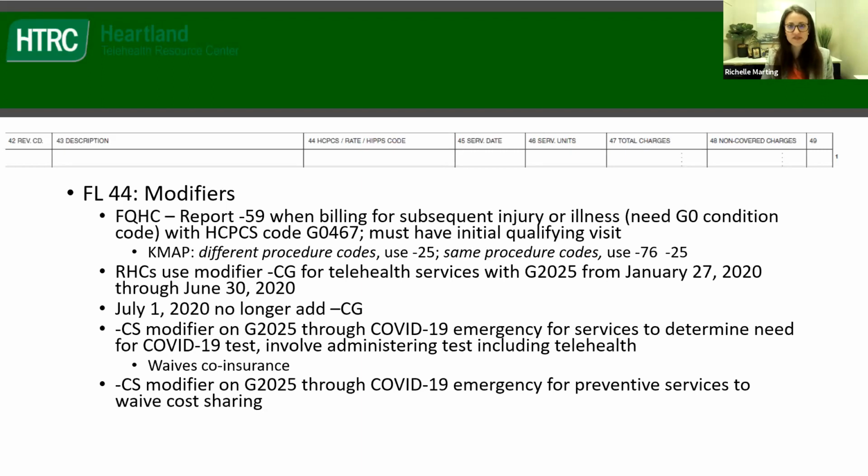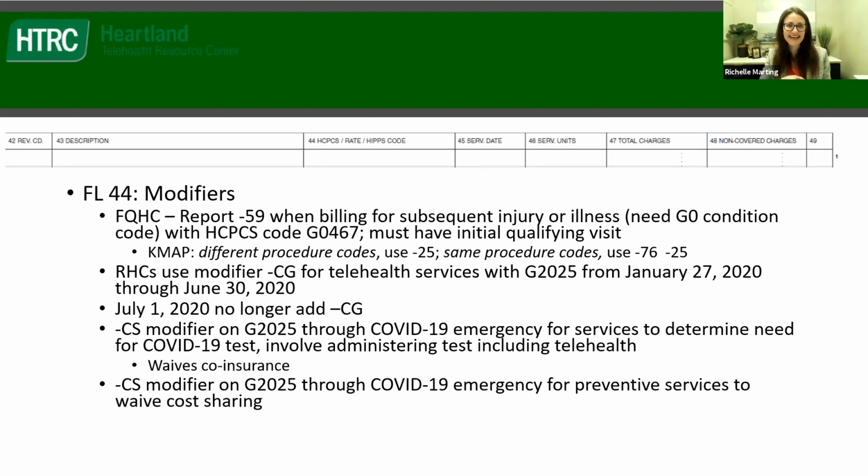For G2025, that is our RHC, FQHC, distant site telehealth code, the CS modifier will be added to that code through the end of the COVID-19 public health emergency when the telehealth visit was to evaluate COVID-related symptoms, determine the need for a COVID test, or involve the administration of a COVID-19 test.